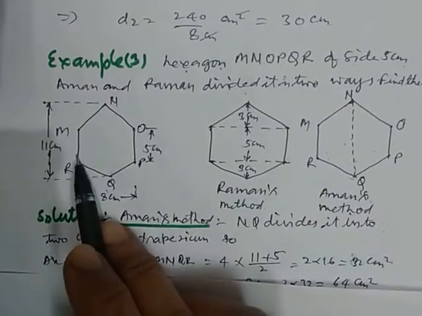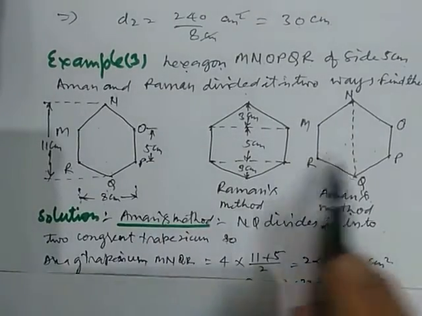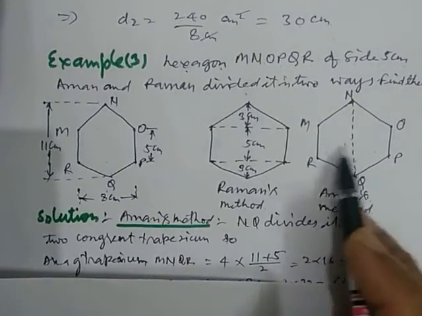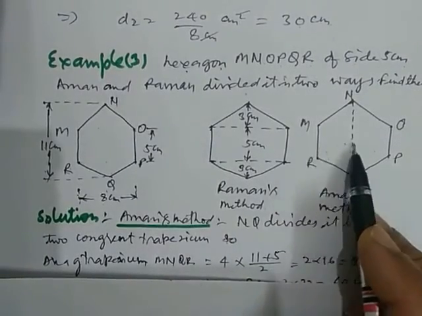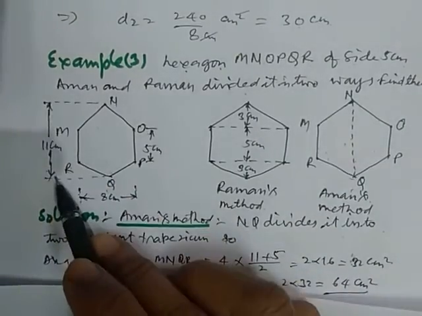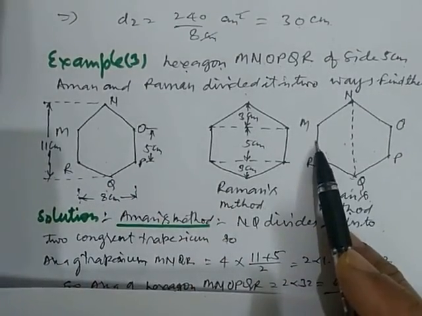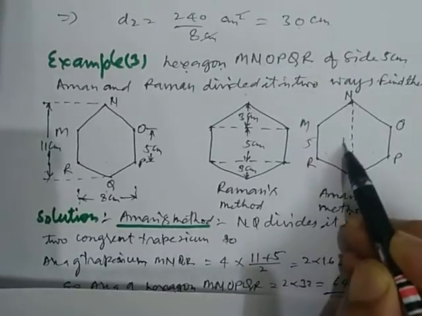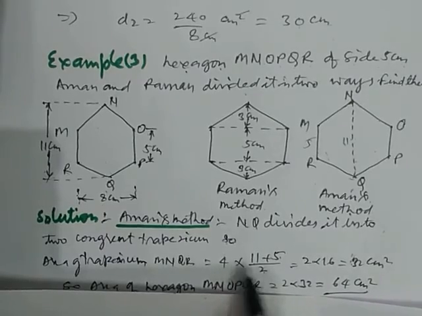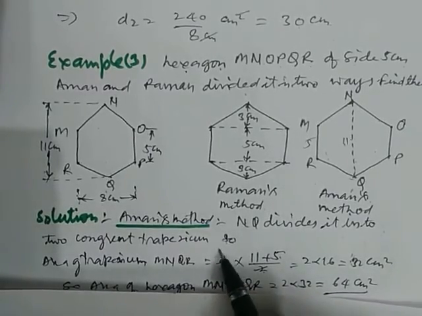And this width is 8 centimeter, so half of this is 4. So 4 is the height between parallel sides. And this is 11 and this is 5. So 11 plus 5 by 2, into 4. The 2 cancels out 2 times.